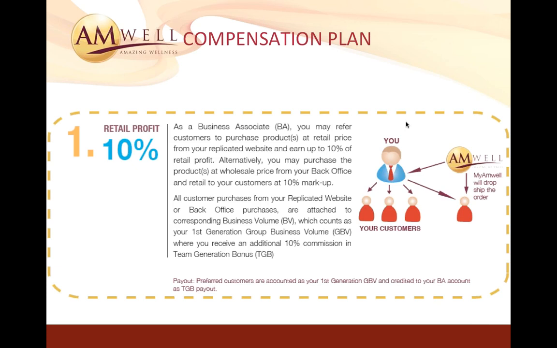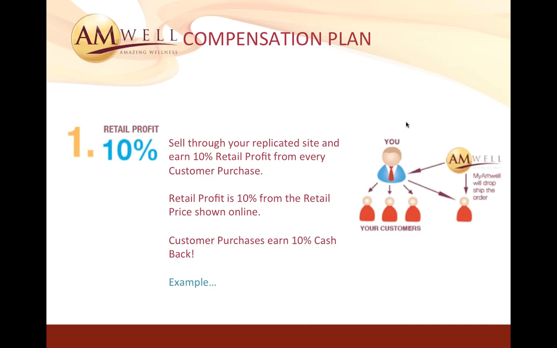All customer purchases from your replicated site or back office purchases are attached to corresponding business volume or BV, which we discussed earlier, which counts as your first generation TGB. It's your first generation group business volume. And you'll receive a 10% commission on that.